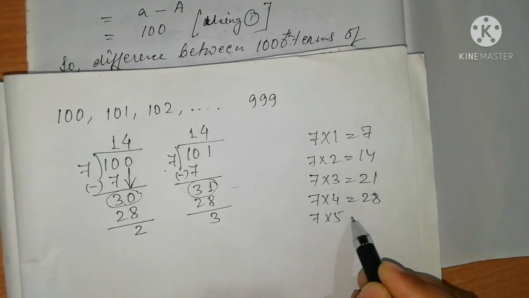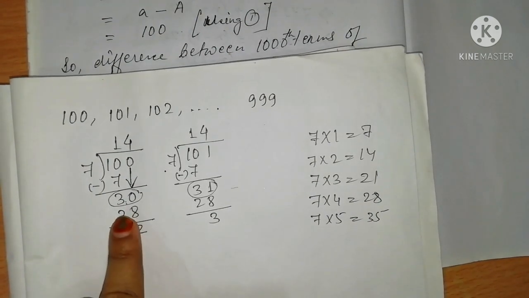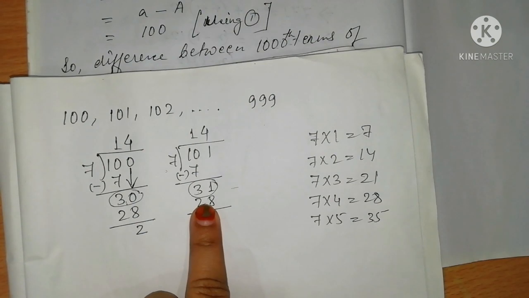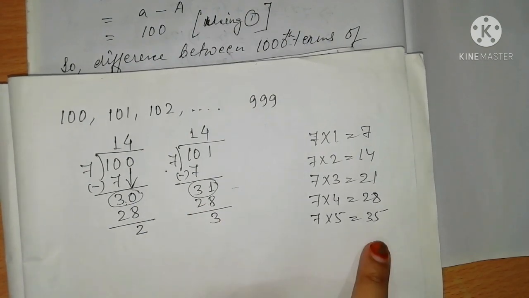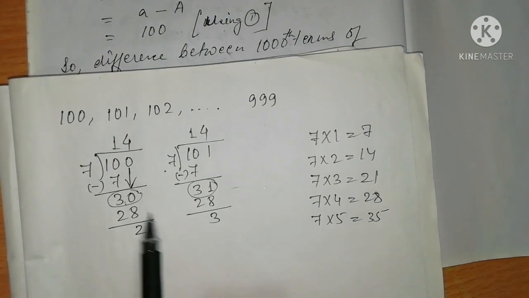And 7 5s are 35. That means in this place 30 or 31, if we get 35, then this number will be completely divisible, right?